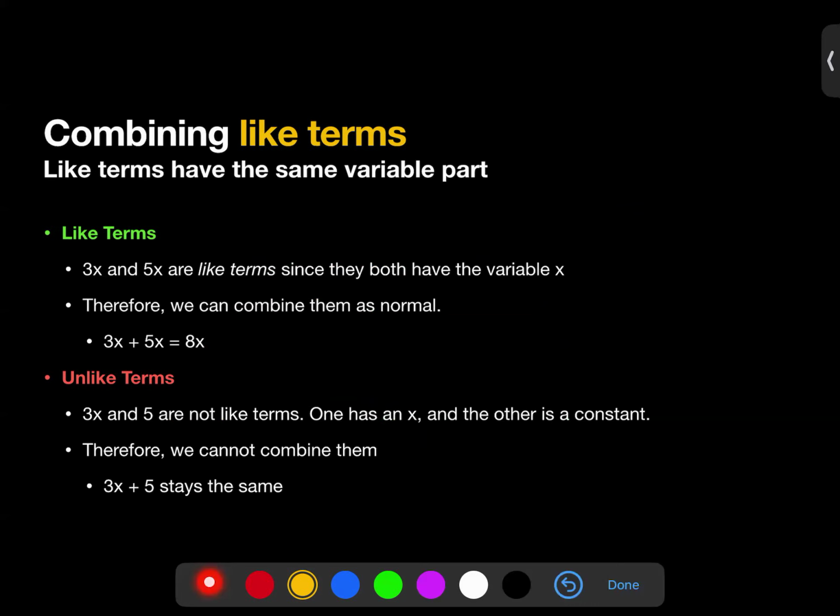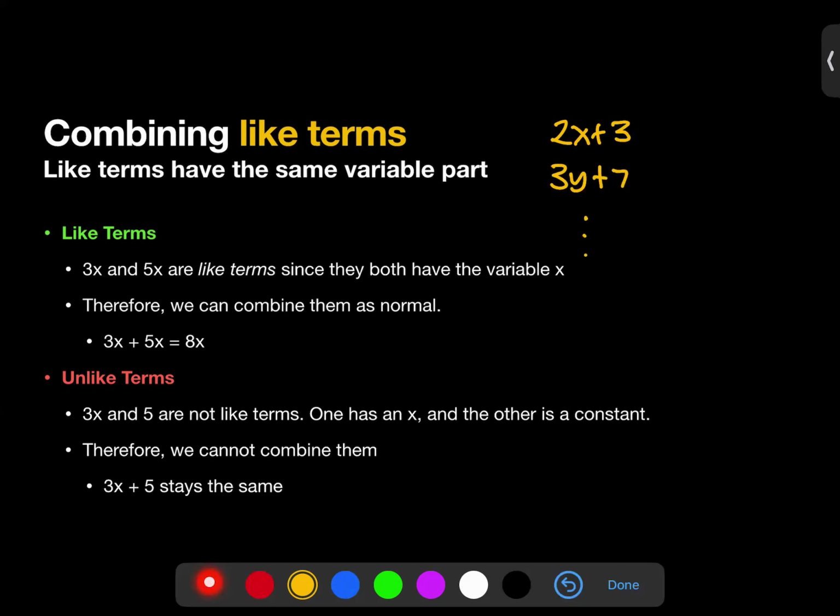So combining like terms. So far, all of the expressions or equations I have shown you have been pretty simple, right? We've just done things like 2x plus 3, 3y plus 7, and so on.